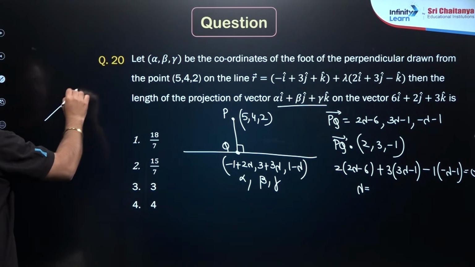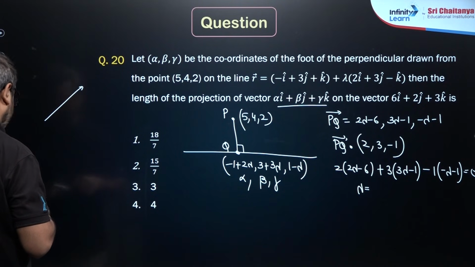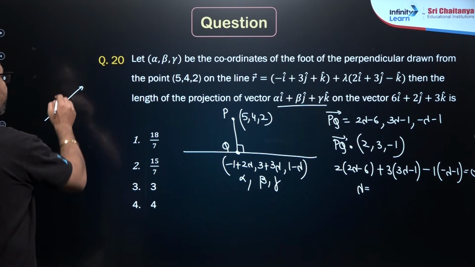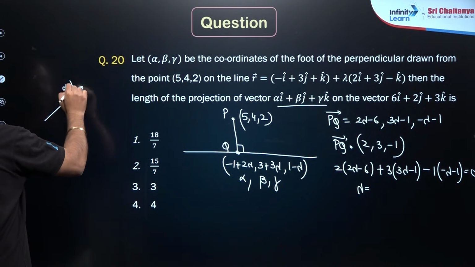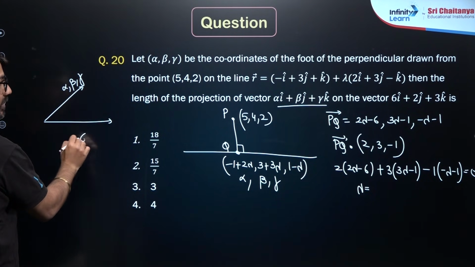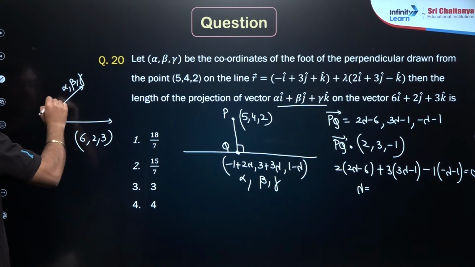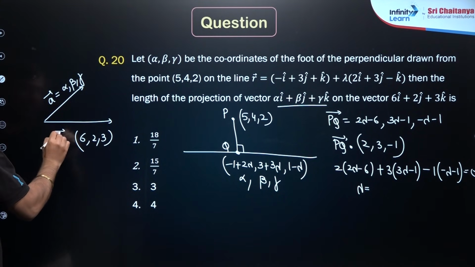Let's say you have alpha beta gamma given to you over here. You have to take the projection of this vector on 6 2 3. So let's say this is A vector and this is B vector.